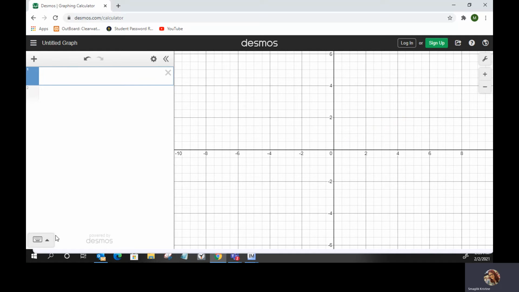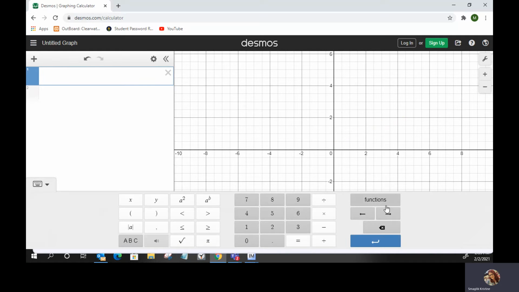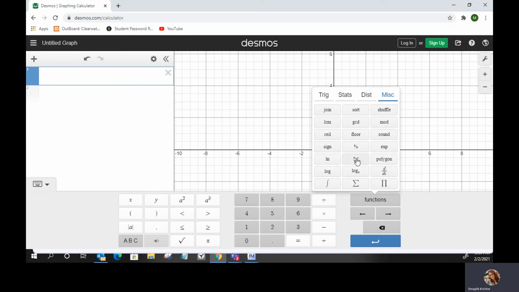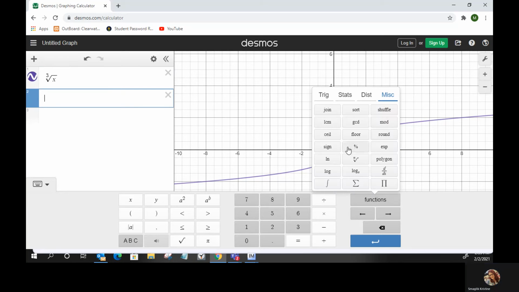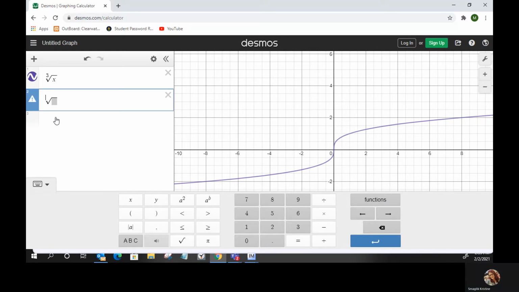And let's pop in a cube root function. I want a cube root of x. There we go. There's our parent function. Now let's play around a little bit. If I go x minus 1, notice my graph moves right.